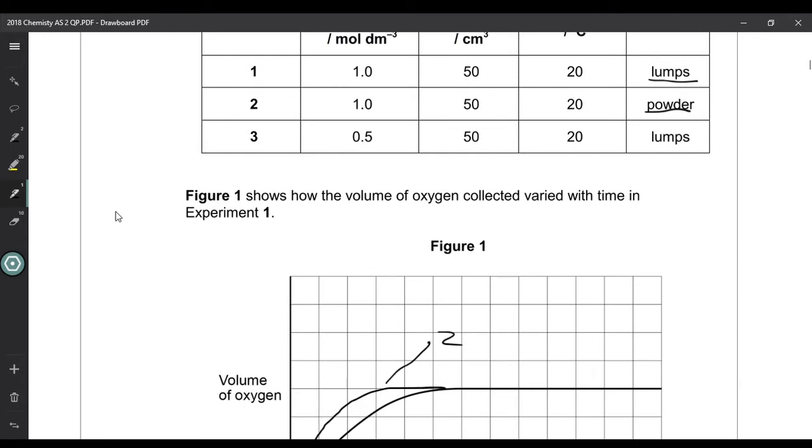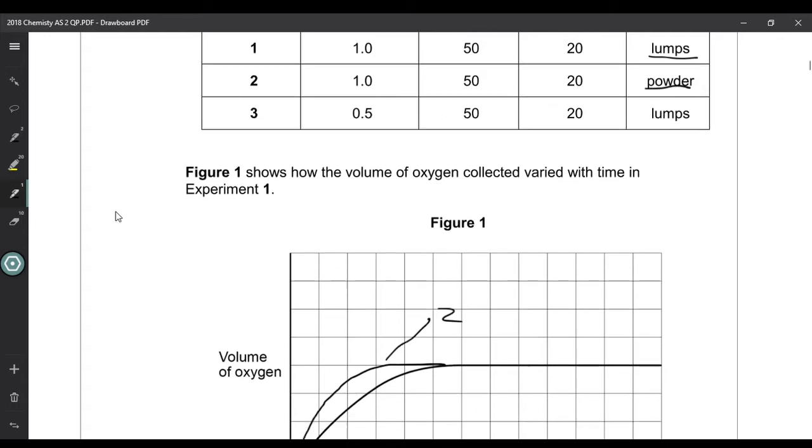Now with the third experiment, we're back to lumps, so the catalyst is going to act in the same way, but because we've got half the concentration of peroxide, then ultimately we're going to end up with half the amount of oxygen released, but also it's going to get there slower because there's fewer molecules per volume. Then there's going to be less successful collisions, so the rate's going to be slower and we're going to end up with less oxygen.